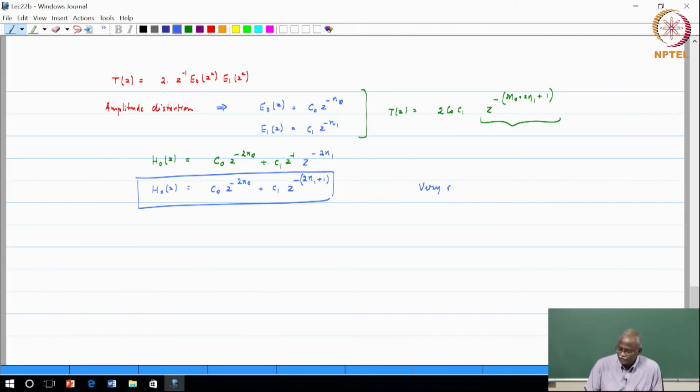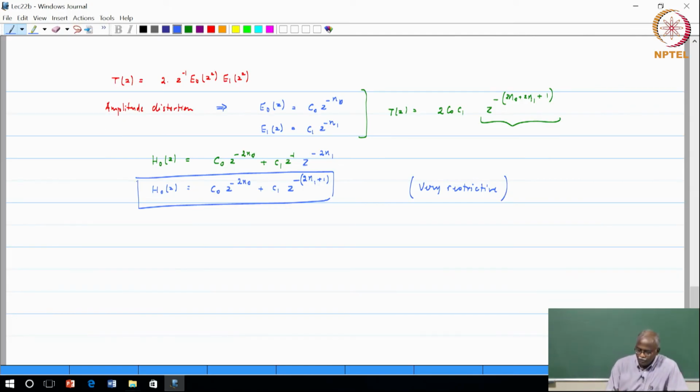It is a combination of two delays, therefore I cannot get very good filters to begin with. Of course, they will satisfy the magnitude constraint being cancelled completely. Okay, very restrictive. So this is the final conclusion from our discussion.